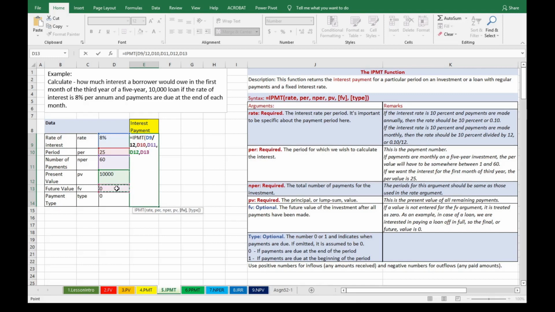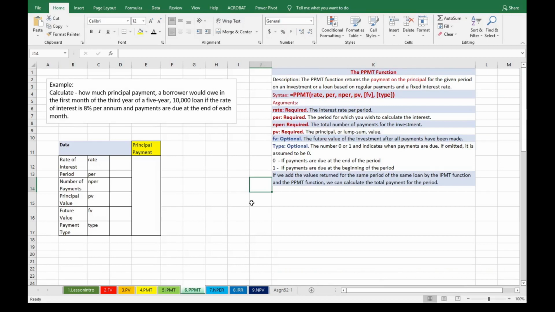Then we have FV 0, and the payment type is also 0. So we'll close the parenthesis, and here we got the value that we need to pay: 43.14 for this loan per month.